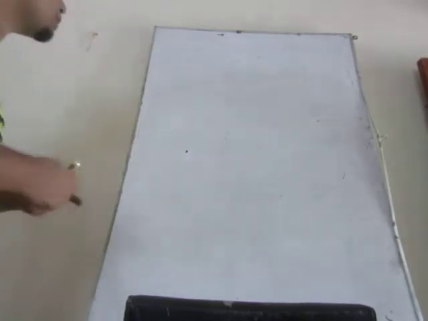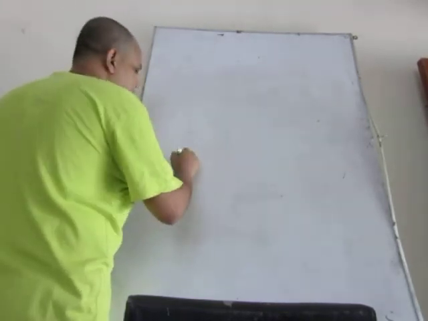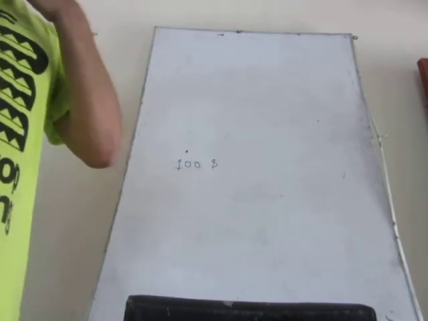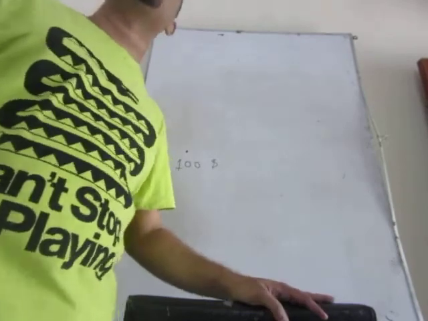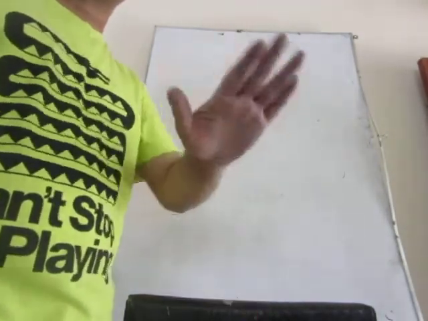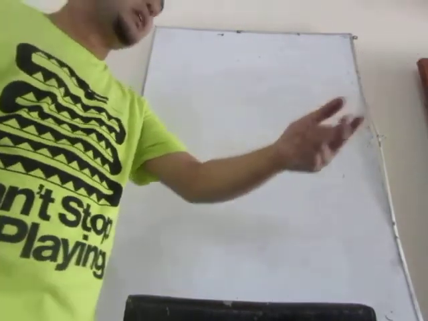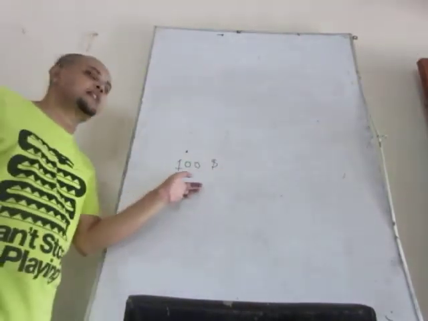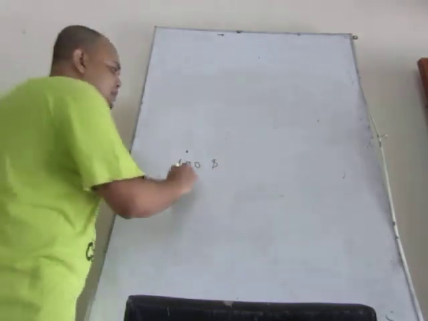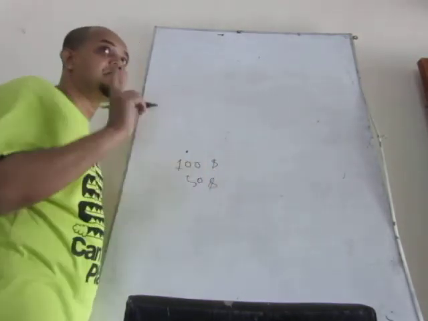Number two: suppose the total benefit after calculating is $100. It may be possible in some cases that the employee has to pay rent as well. Suppose the employee provided $50 as rent.